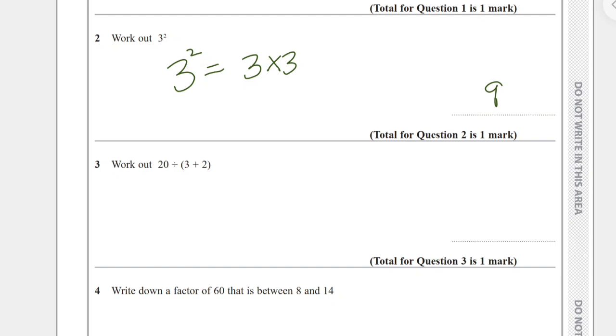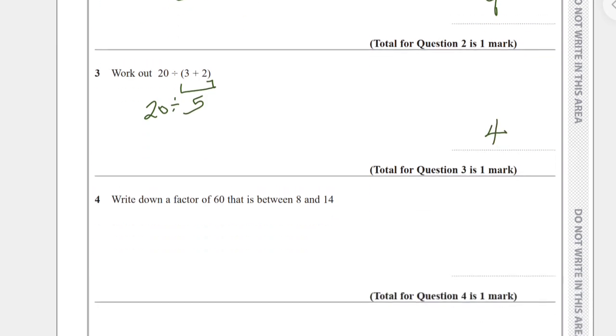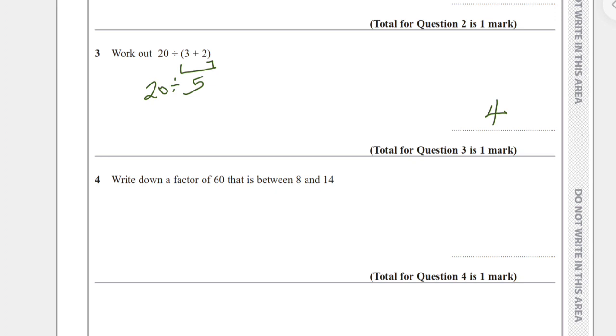Work out 20 divided by open bracket 3 plus 2. So following the order of operation, this is going to give us 5, then 20 divided by 5 gives us 4. Write down a factor of 60 that is between 8 and 14.